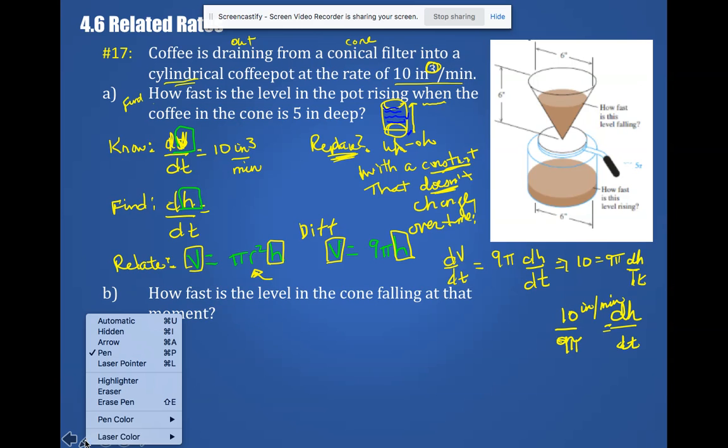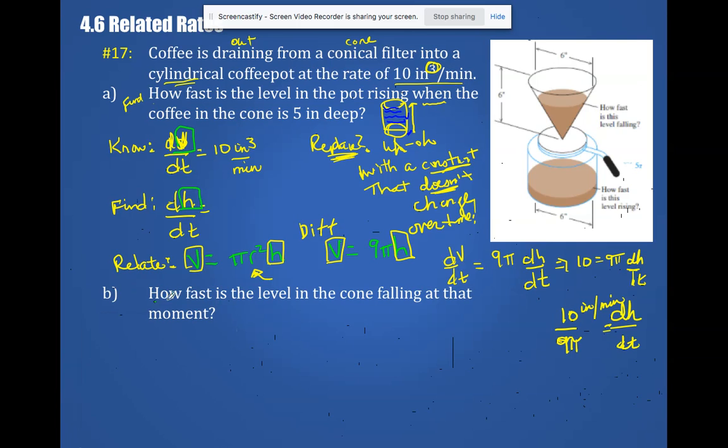Now, part B says, how fast is the level in the cone falling at that same moment? Well, what do I know? Notice up here when they talked about the coffee draining from the cone into a cylinder, and they asked how fast is the level in the pot rising.